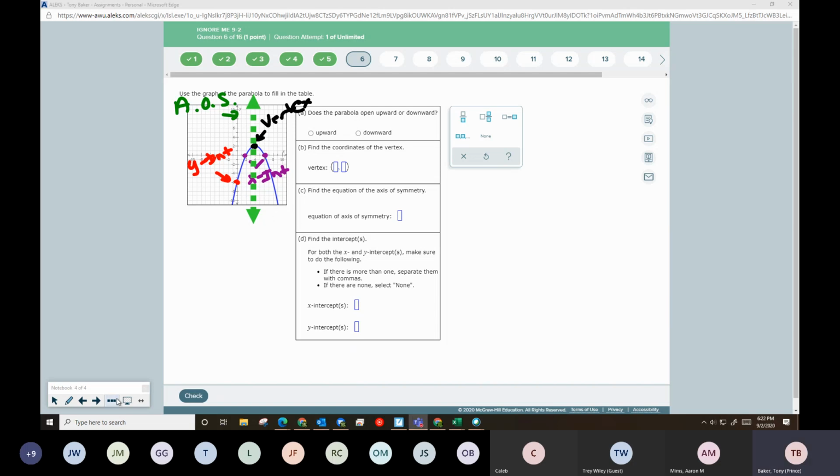So this question is asking you, does the parabola open upward or downward? So upward would be a happy face, downward would be a frown. This is downward. It's the easiest way to remember it. My vertex, so that's that point right there, is at 4, 2.